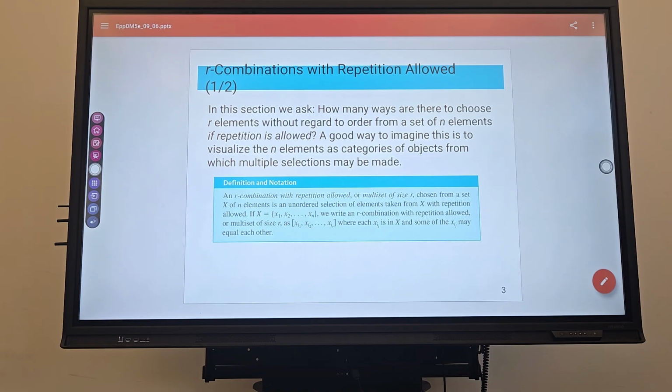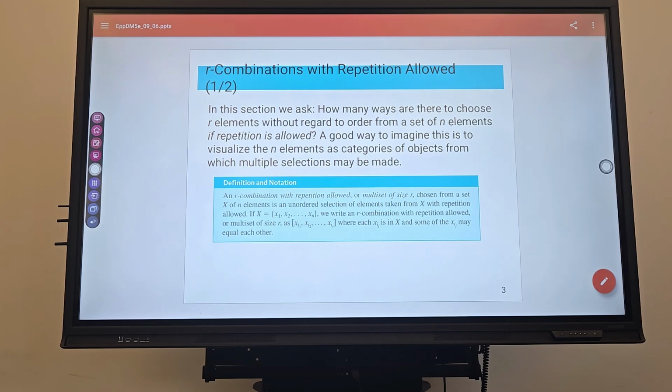If the set X contains little x1, little x2, etc., we write an R combination with repetition allowed, or multiset of size R, as [x_i1, x_i2, ..., x_iR] in square brackets, where each x_ij is in X, and some of the x_ij may equal each other.